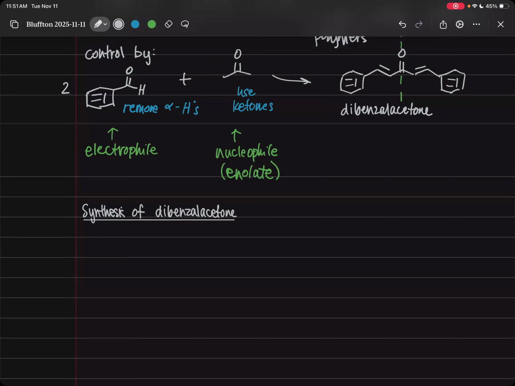Okay, so we start with acetone. It's in the presence of sodium hydroxide. So we need to make our enolate. So we deprotonate there.